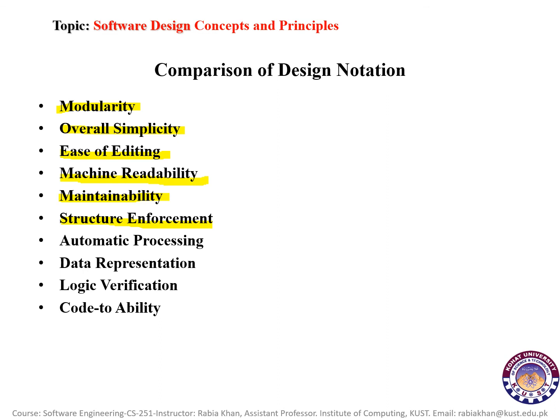Automatic processing is the next comparison factor. A procedure design contains information that can be processed to give the designer new or better insights into the correctness and quality of a design. So the more functional units there are in the software, the easier it is to understand the software.